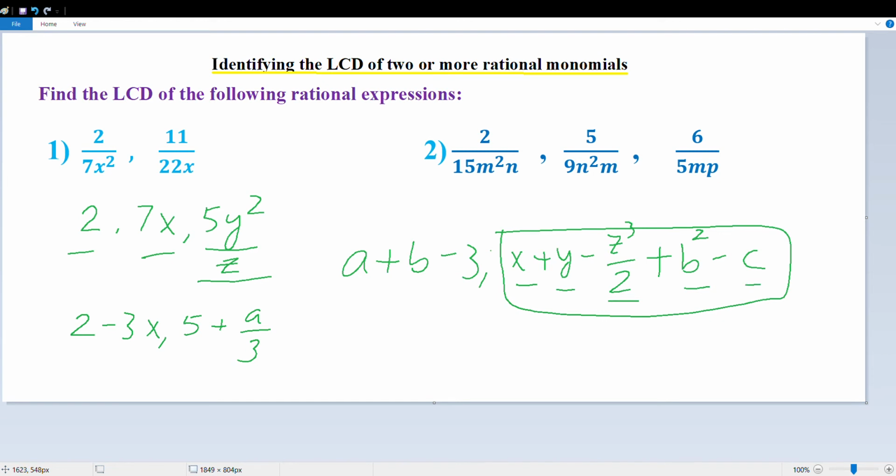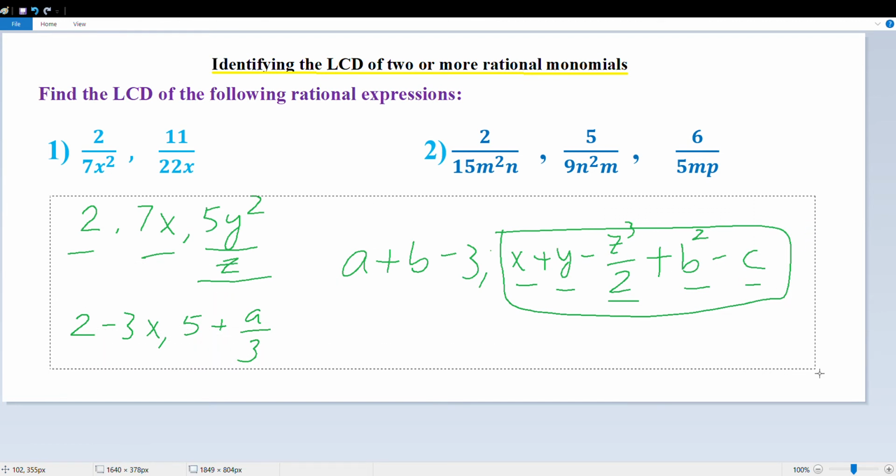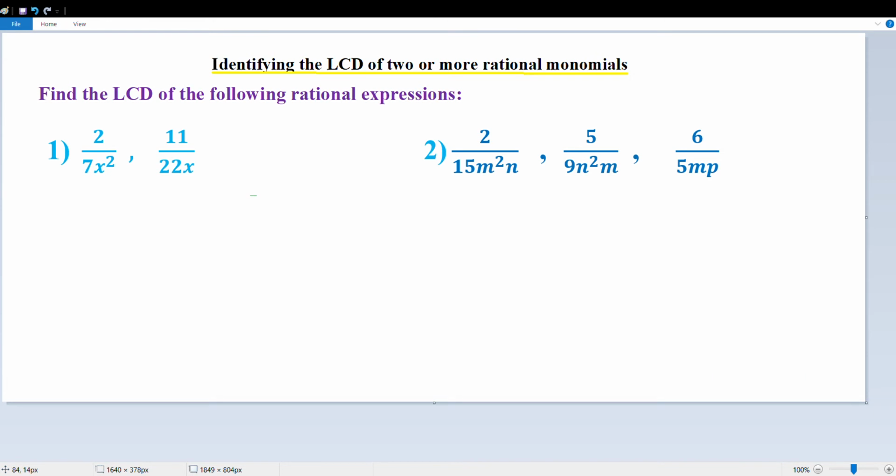So we would call this a polynomial in 5 terms. Now, let me erase all of these examples before we move on to how we would be finding the least common denominator.